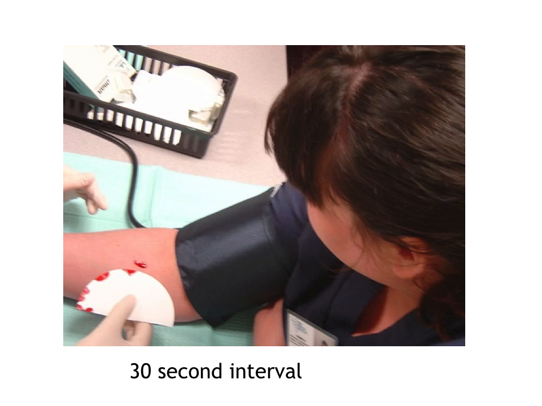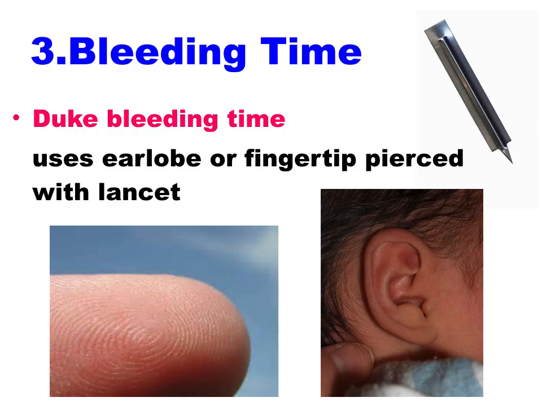Make sure that it will not be touching the skin of the patient, because you might dislodge the platelet plug that is being formed in the process. After that, if there is no longer any blot of blood being seen, then you count the length of time that bleeding has occurred.